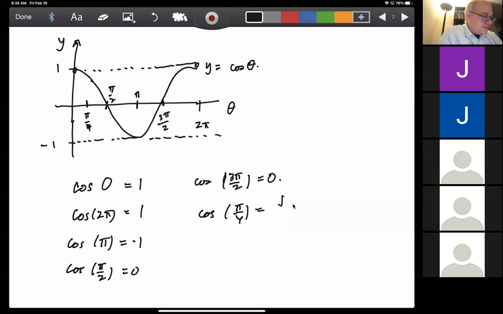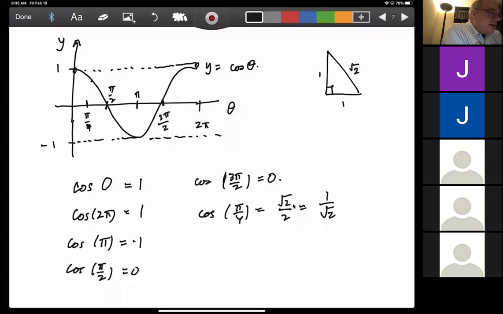Very good. So sometimes this is written 1 over root 2. Either of these are okay. So remember, you can get that by the Pythagorean theorem. If you have a right triangle with both legs of the triangle equal to 1, the hypotenuse must be square root of 2.